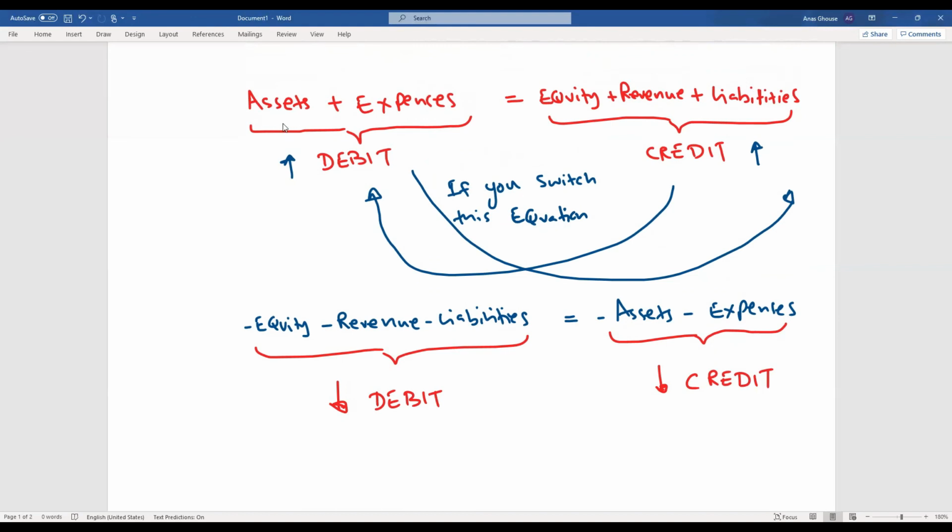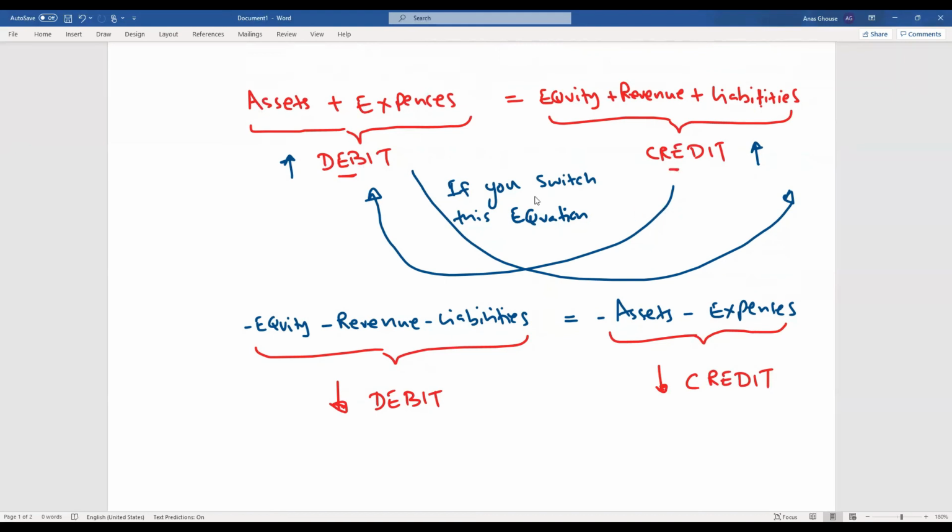So the basic equation is assets plus expenses equals equity plus revenue plus liabilities. An increase in the accounts on the left will be a debit entry. An increase in the accounts on the right will be a credit entry.